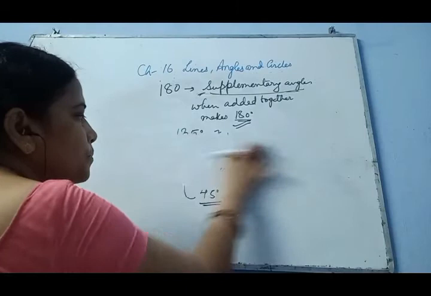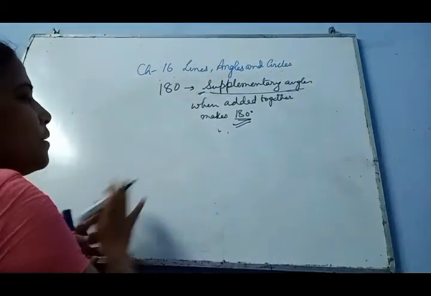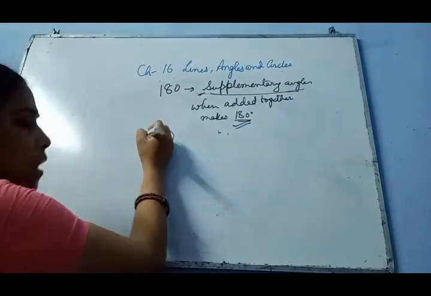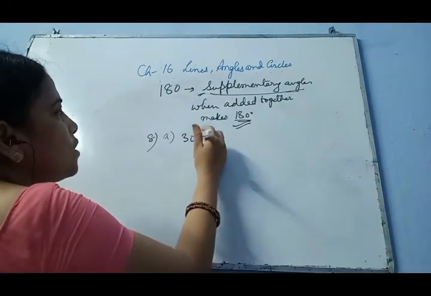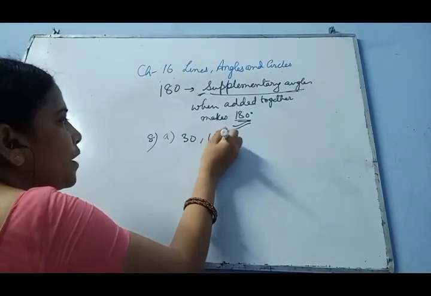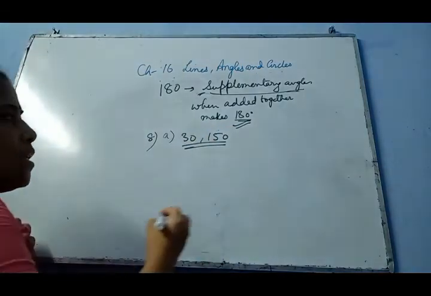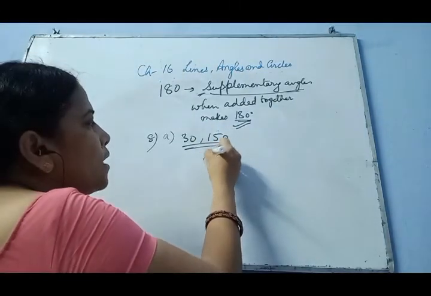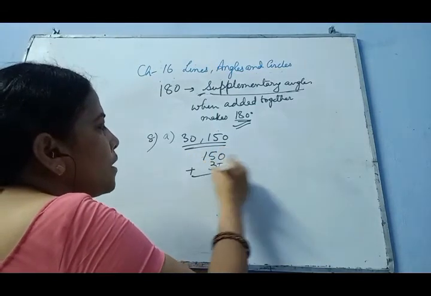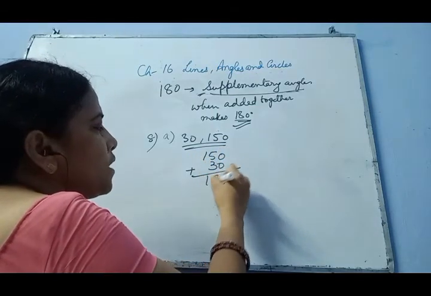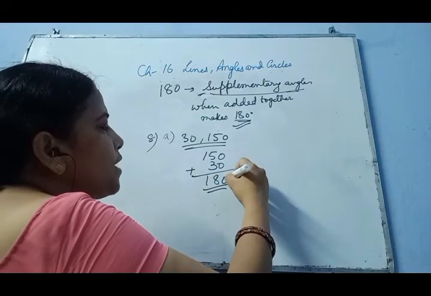First it has been given 30 and 150, that is 8A. What do we see? When we add 150 plus 30, we get 180. So is this a complementary angle?